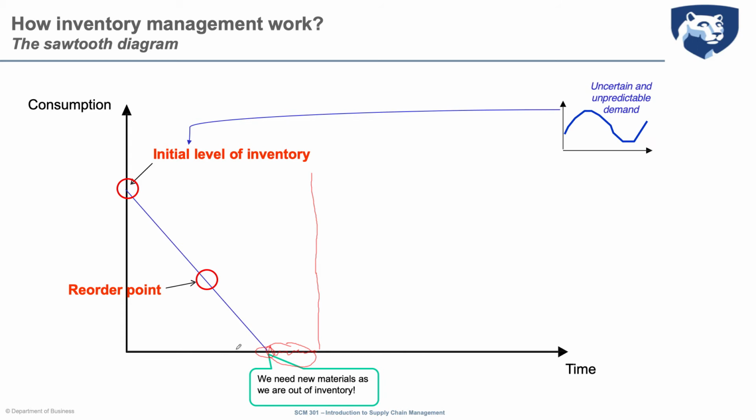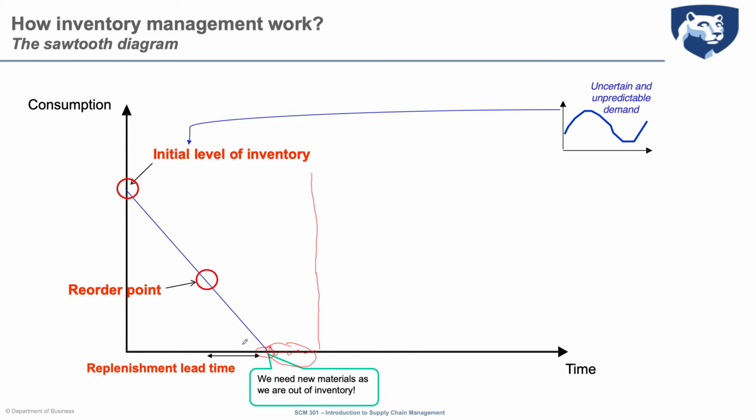So if I know that my supplier's replenishment lead time is 3 days, I need to issue a reorder request whenever my level of inventory is enough to satisfy 3 days of demand, because after 3 days my inventory will be 0, but my supplier will be able to replenish it.